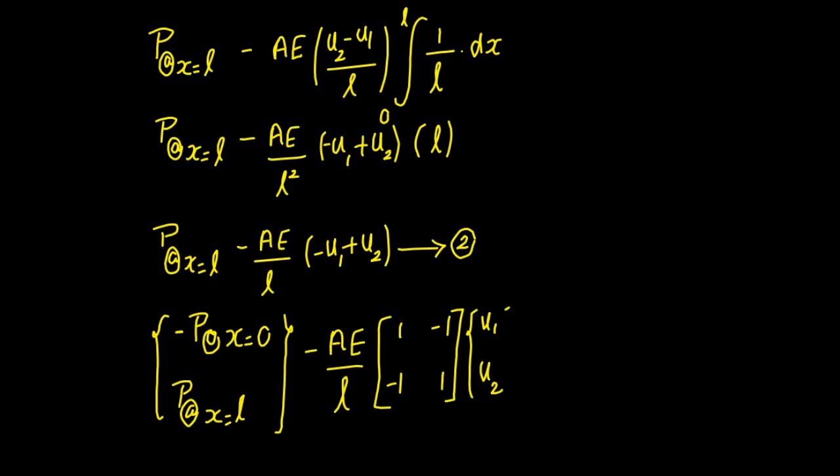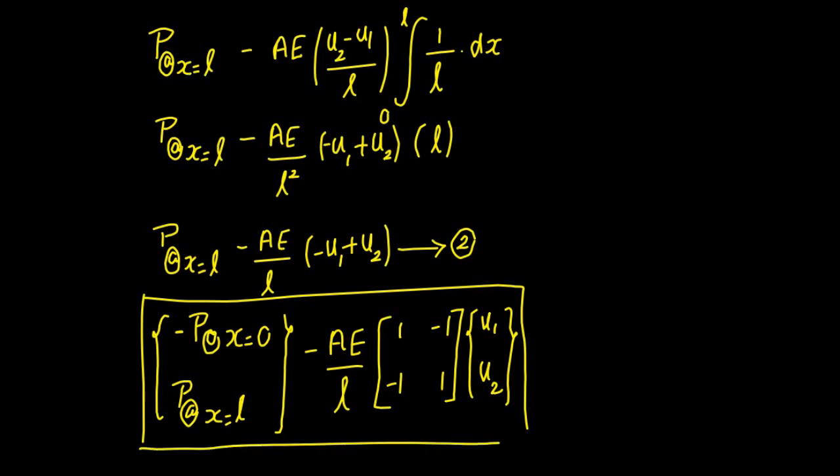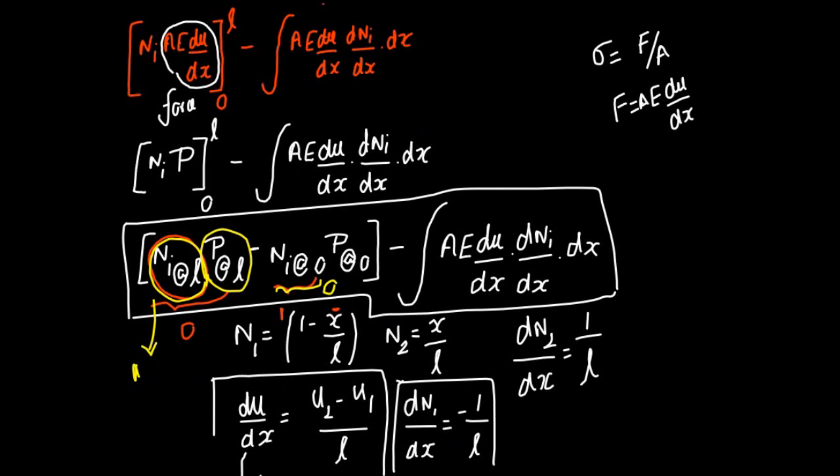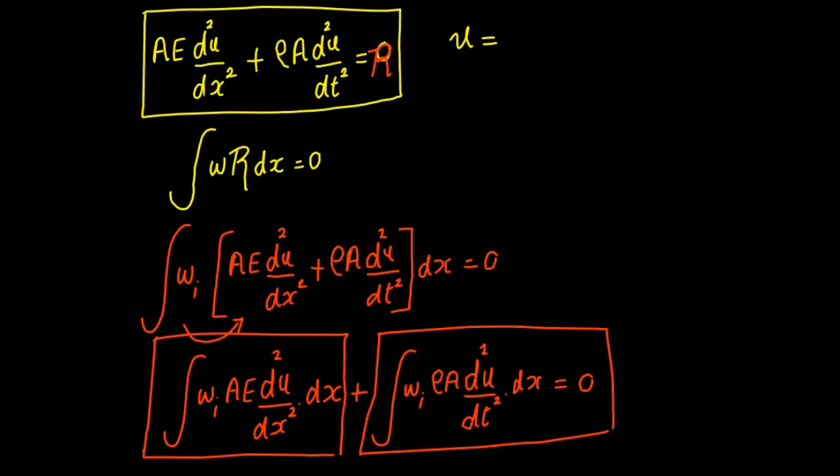So I'm getting the stiffness matrix. If I use the weak form of the Galerkin's weighted residual method, I'm getting the stiffness matrix for this term. So if I operate the weak form, I get the stiffness matrix as well as the load matrix.